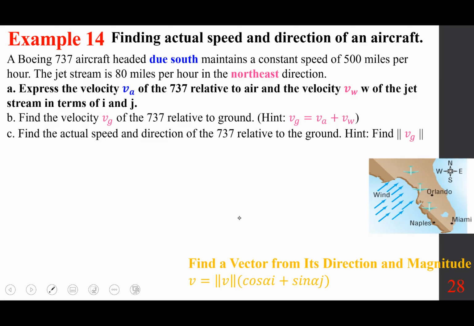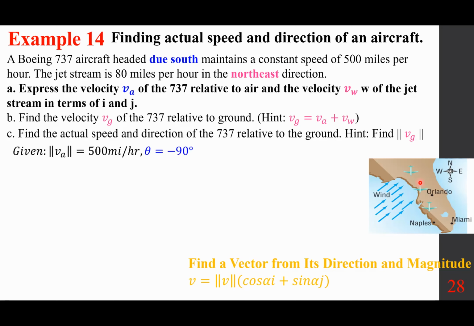So let's see what is given, and we're going to do part A on this page. The Boeing is headed due south at a constant speed of 500 miles per hour. The jet stream, the wind, is blowing 80 miles per hour in the northeast direction.